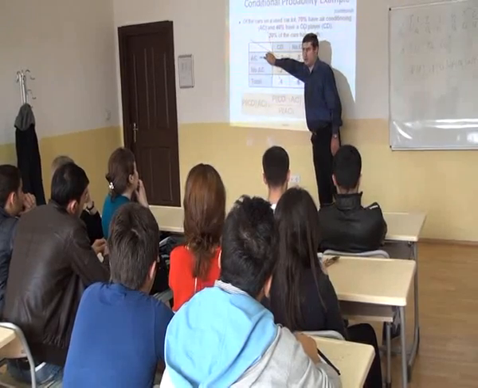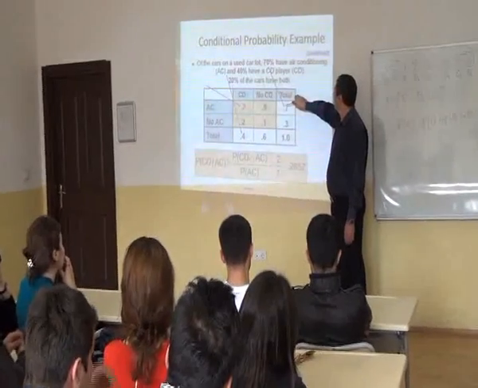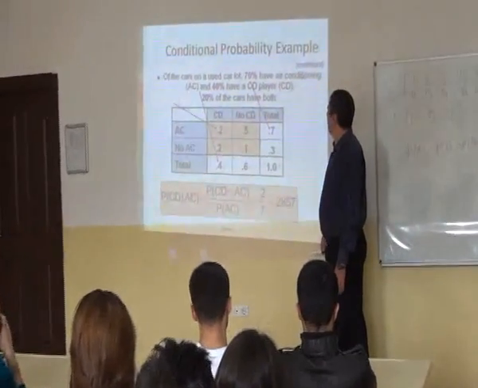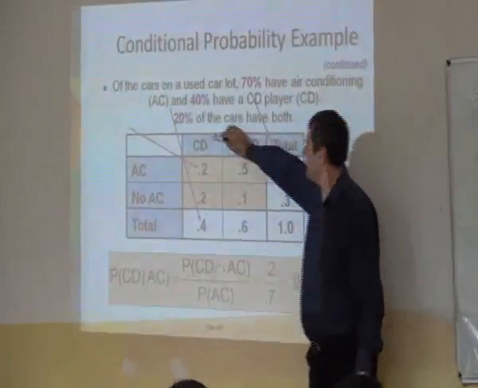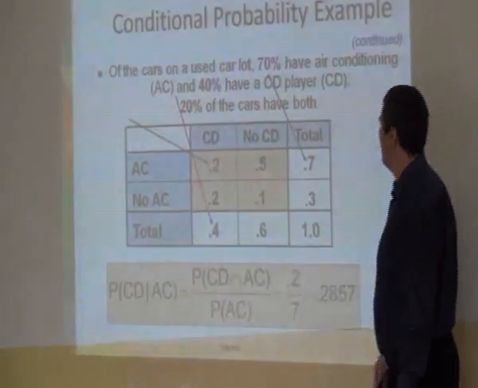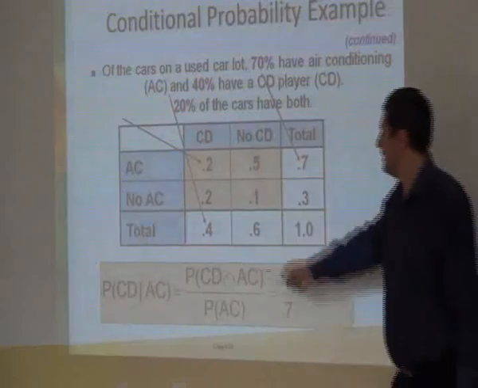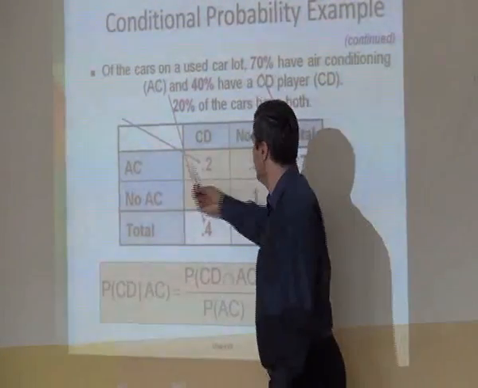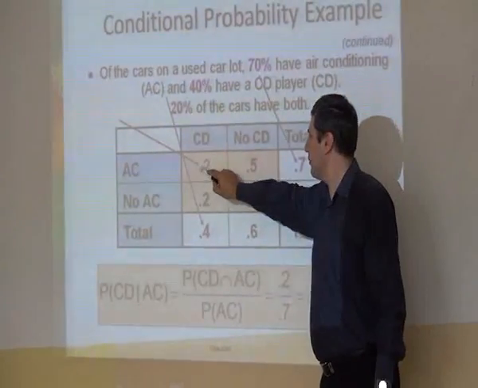So here are air conditioners, and their sum should be 70%. Then 40% have CD players. Here are CD players, and in total they should be 40%. And finally, 20% of them have both. Both means that we need to find the intersection place and put this 0.2 here.